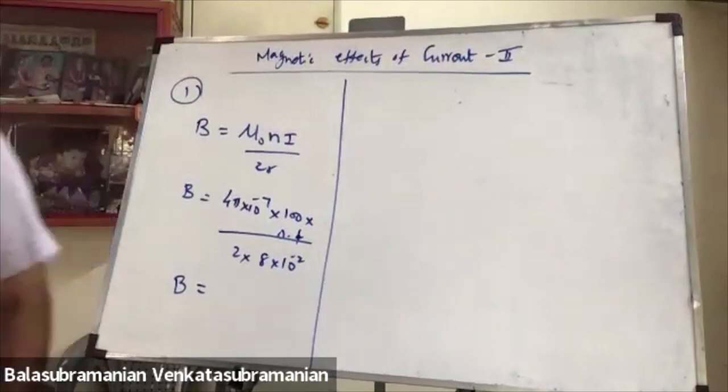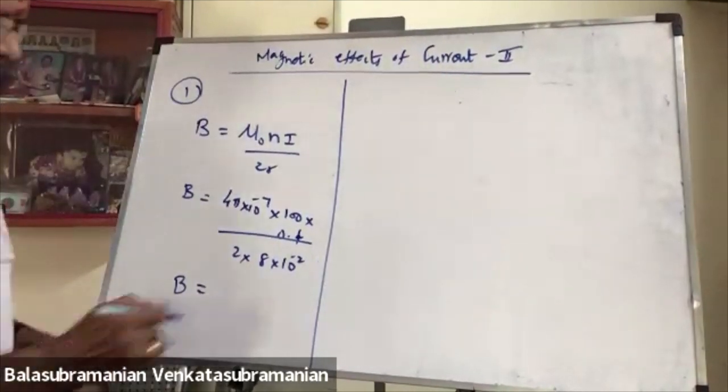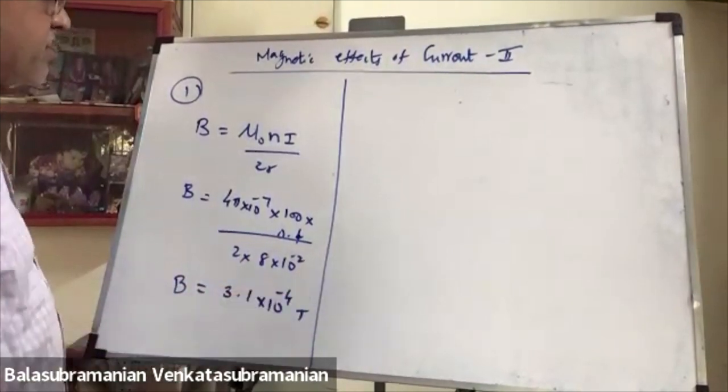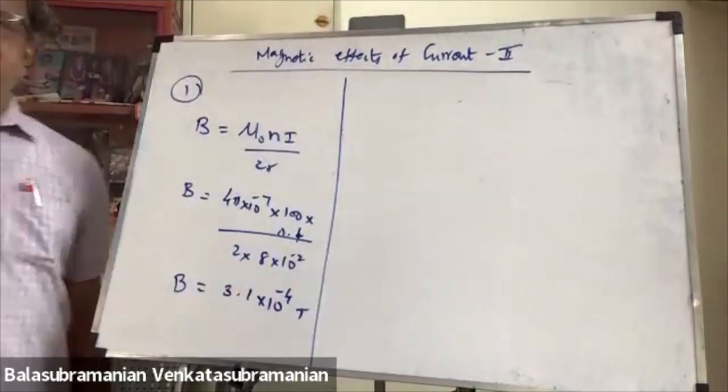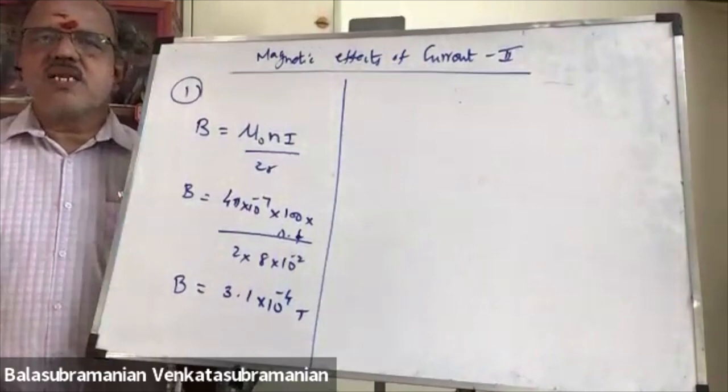So you will get B will be 3.1 into 10 power minus 4 Tesla. Substitution, magnetic field at the center of the circular coil carrying current.